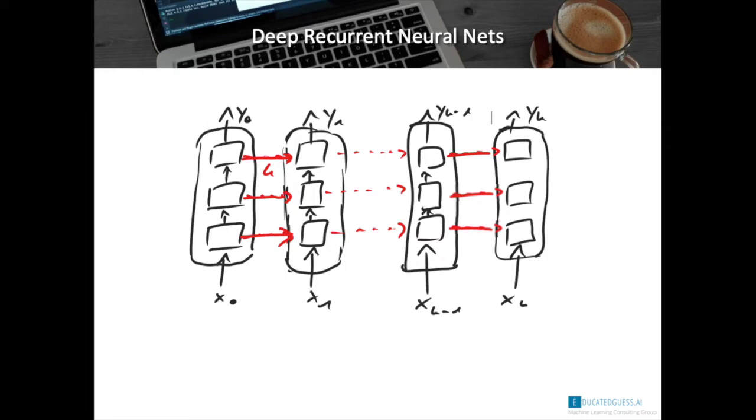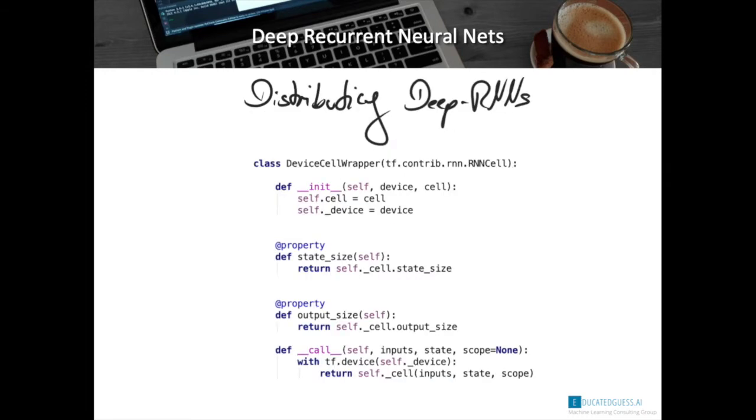However, one more thing which is very interesting is that these deep RNNs can be distributed over, say, different GPUs very conveniently. The way we do this is to build our own cell wrapper, and the specific characteristic of this cell wrapper is that when called, it forwards the calculation to any available GPU and returns the results.